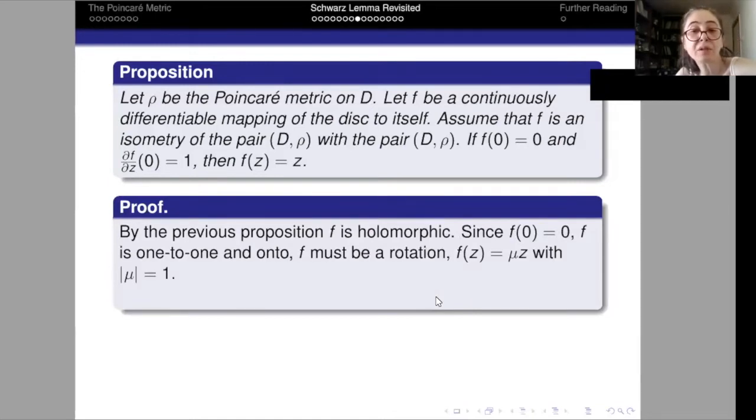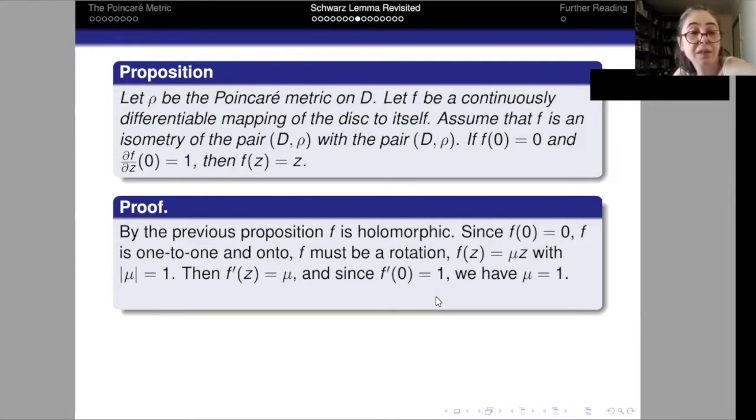Since f(0) is equal to 0, and f is one-to-one and onto, f must be a rotation. This means that f(z) is equal to mu z with the absolute value of mu equal to 1. But the derivative of f at the point 0 is equal to 1, as given in the assumptions. So we actually have mu equal to 1. Therefore, f is the identity map.